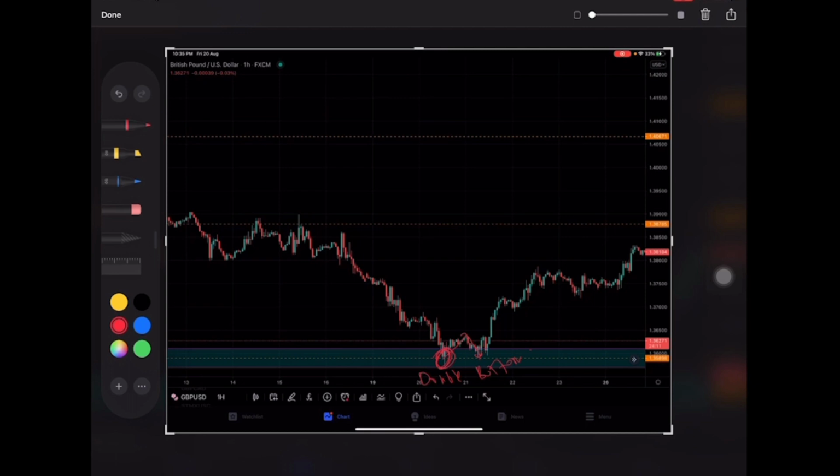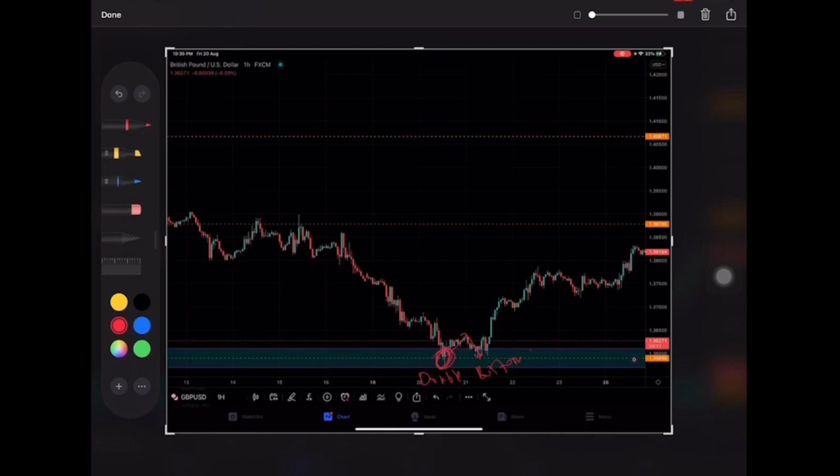When we see this happen, there is potential for this setup to go swing or intraday, because when it happens on either H1 or H4, it is a reversal pattern that you can hold for a very long time, maybe 1 day or 2 days or 3 days.